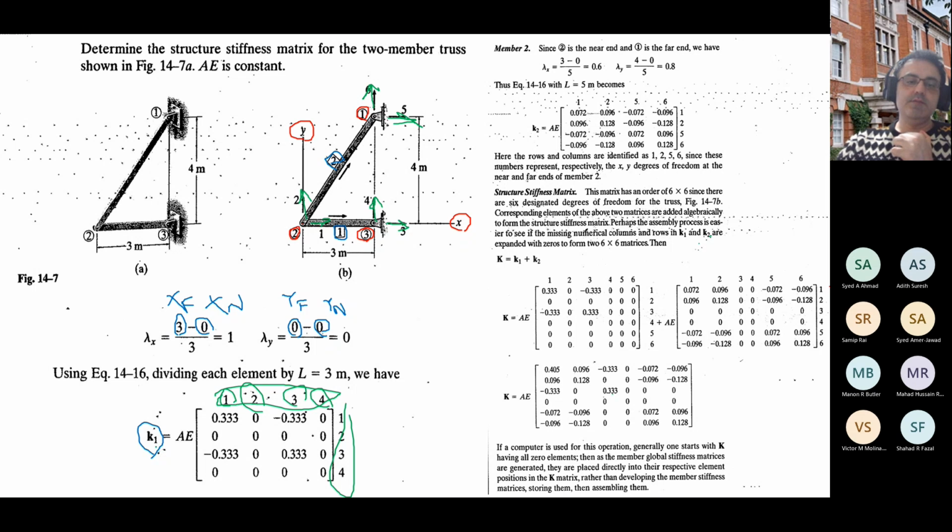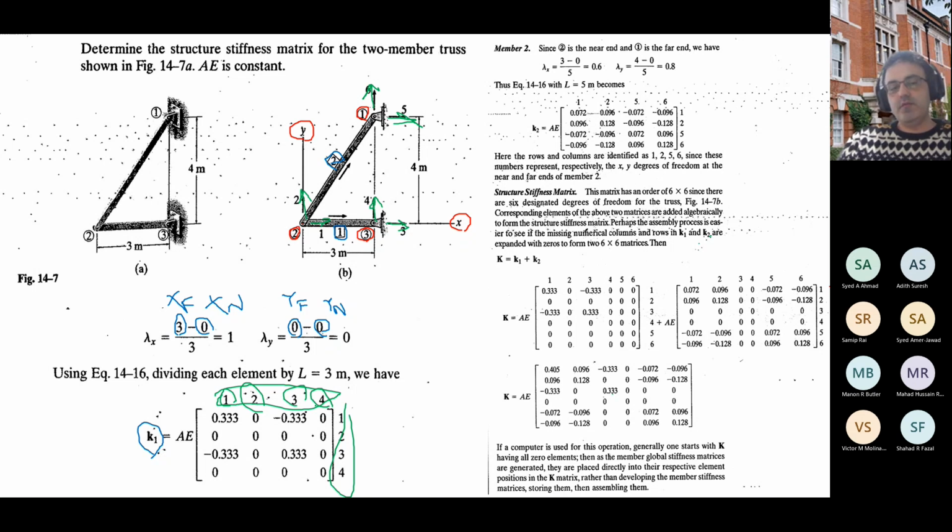But always for these 4 by 4 stiffness matrices, you write delta x and delta y for the near end and delta x and delta y for the far end. If you're using 1, 2, 3, 4, just put 1, 2, 3, 4. If you're putting delta 2x, delta 2y, delta 3x, delta 3y, as I did last week, for example, it's just a notation, nothing more.